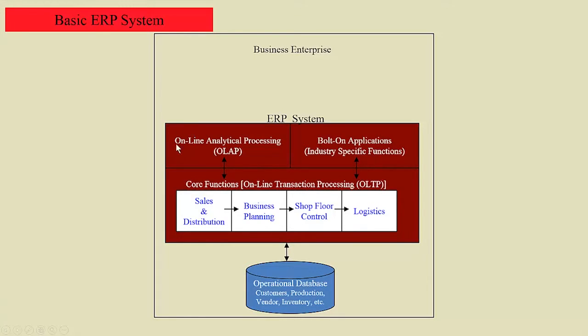We then have OLAP, Online Analytical Processing, which is to support management decision making. And in a third section, bolt-on applications, which are modules specific to that industry, and they usually fall under either OLAP or OLTP.